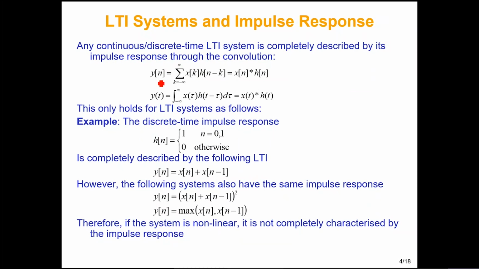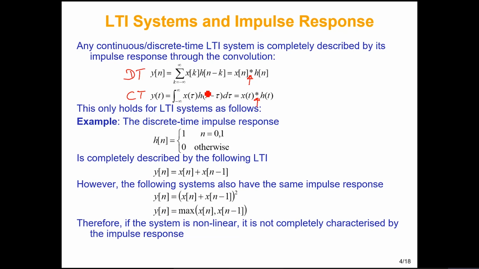We also saw what the convolution operator means for discrete time and for continuous time. For discrete time, it means the convolution sum, and for continuous time, it means the convolution integral.